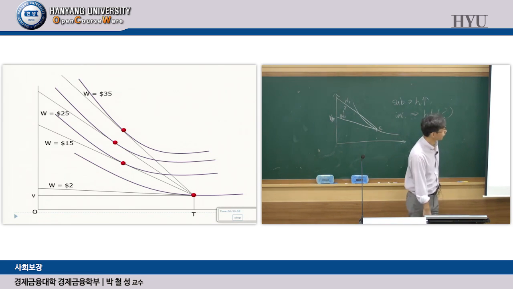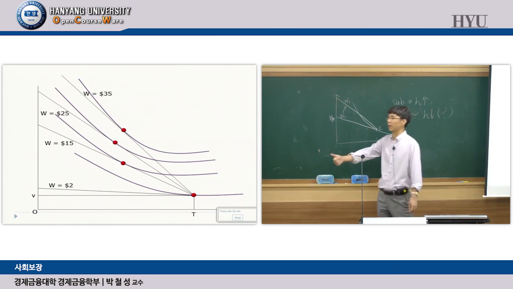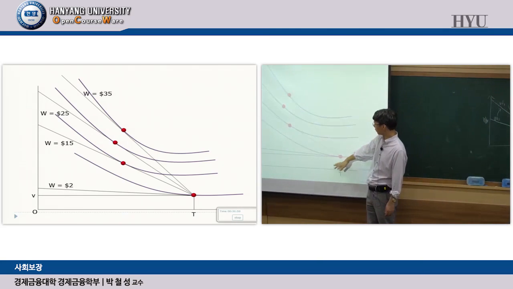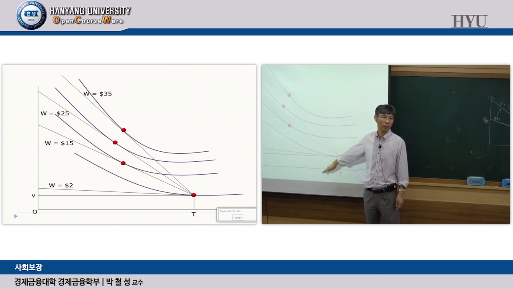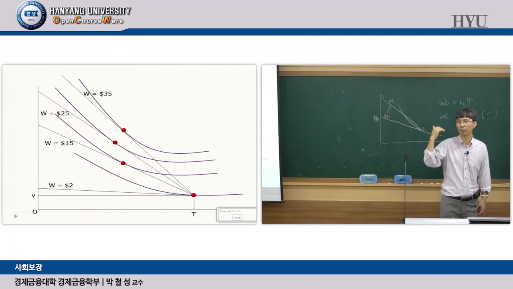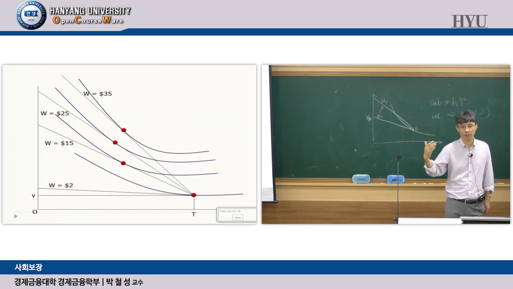So if we understand how individuals determine whether they work or not and how many hours to work, then we can show, for each wage rate, how many hours this person is going to work. If that wage rate is below the reservation wage, then the number of hours working is 0, because this person is not going to work. And then when the wage goes up, depending on the substitution and income effects, hours may increase or decrease.